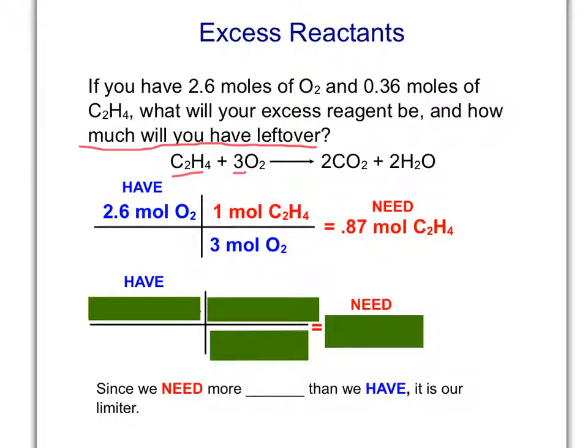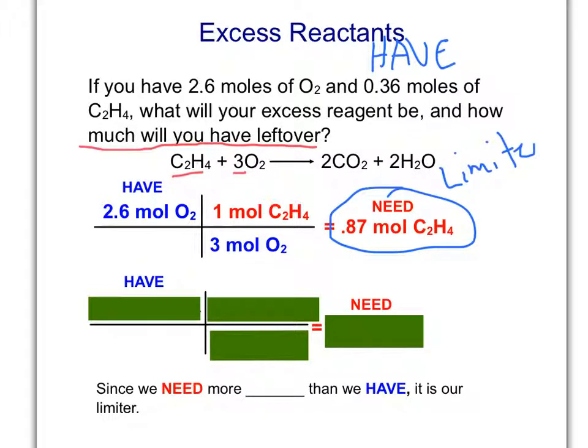Again, we know that we only have, because the problem is telling us, 0.36 moles of C2H4. And we've already found out that we need 0.87. So we already know that this is our limiter.